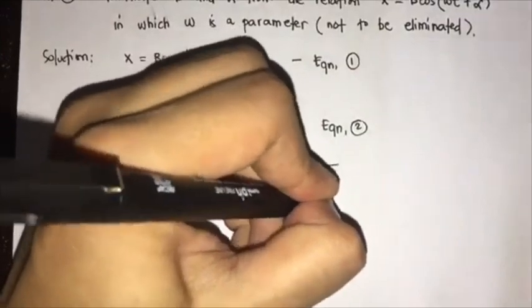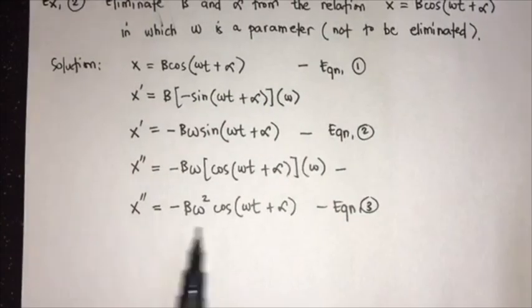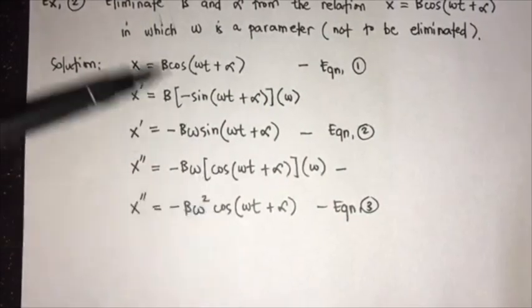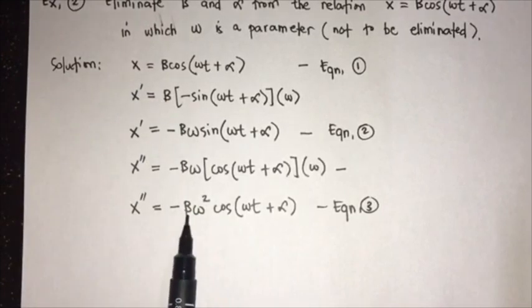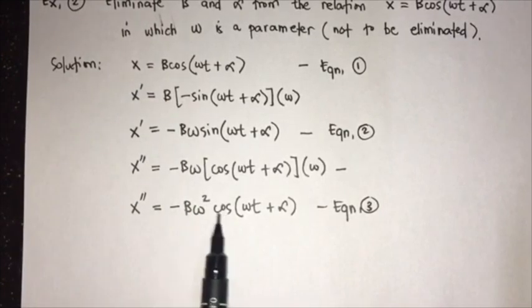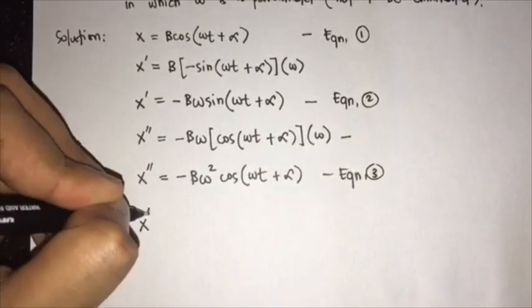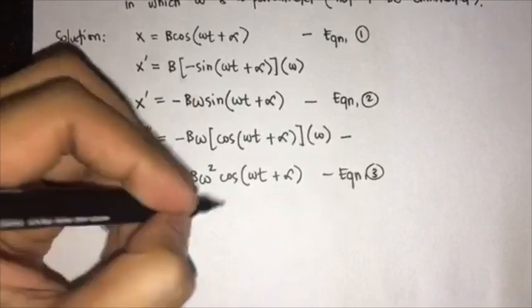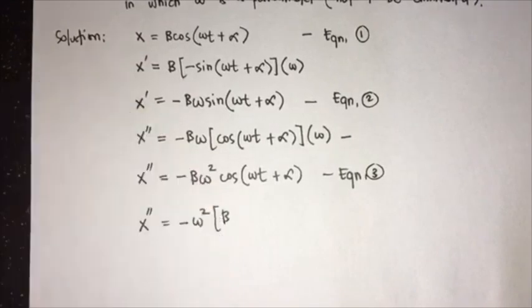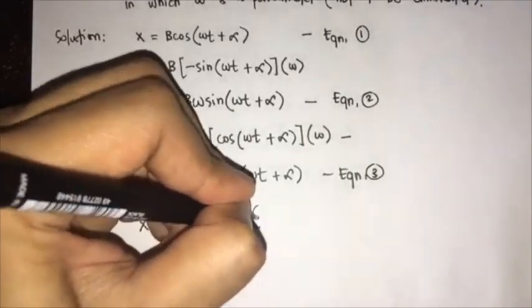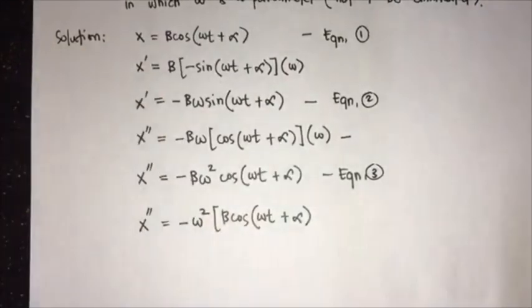I think this can be solved using substitution. As we can see, the trigonometric function cosine is recurring. If we separate omega squared, x double prime is equal to negative omega squared times b cosine of omega t plus alpha.